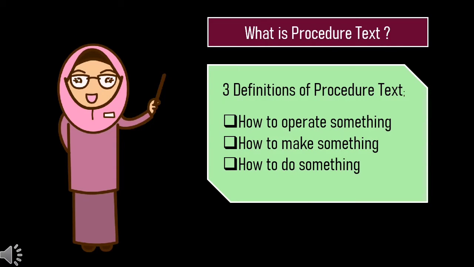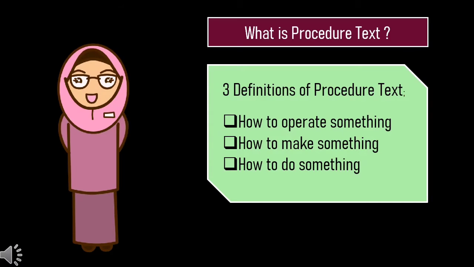Related to the types of present tense, we can define present tense into three definitions. 1. Present tense is described about how to operate something. 2. Present tense is described about how to make something. 3.